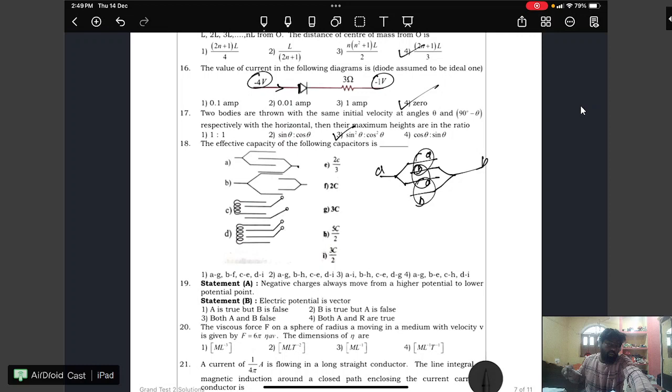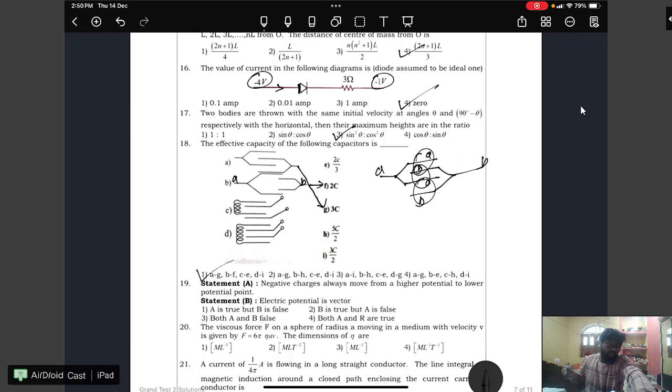So A matches with G. Now here A, here B potential. Between A and B, two capacitors are there and one capacitor is short circuited, which means we will not consider that. So 2C, which means B is F. AG, BF, and the first combination is the same.